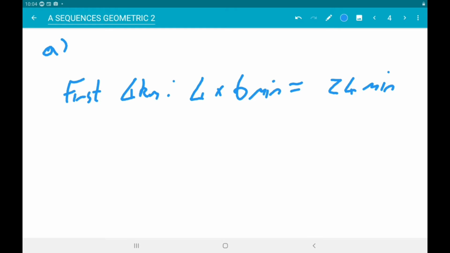Alright, now the 5th kilometre, well that's 5% greater, so that's 6 times 1.05. Now that is 6.3 minutes.